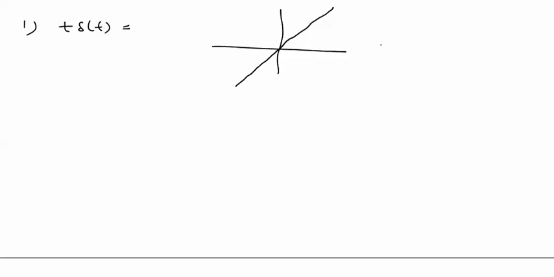Example 1, t del t. What is the value of this? t is a straight line passing through the origin. This is multiplied with an impulse at the zero location.